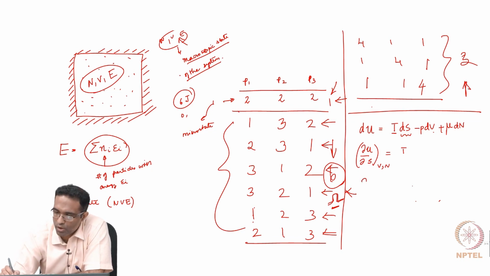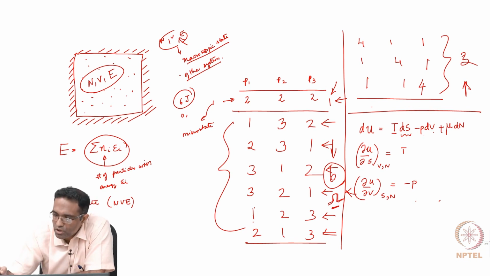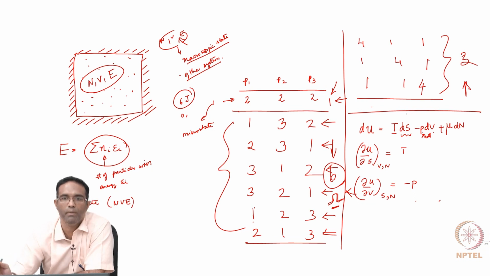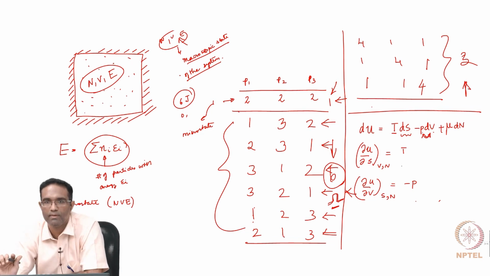So ∂U/∂V at constant entropy and N is actually minus pressure. So they are conjugate variables. You don't specify both pressure and volume at the same time. Specifying one will automatically determine the other through these relationships.